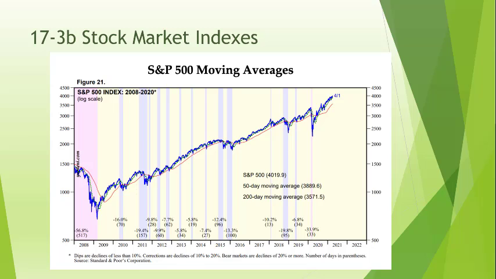Now the other shaded areas show periods when the stock market fell as well. So you can see that the stock market also falls cyclically. It has its own cycles, irrespective, so shorter cycles than the business cycle.